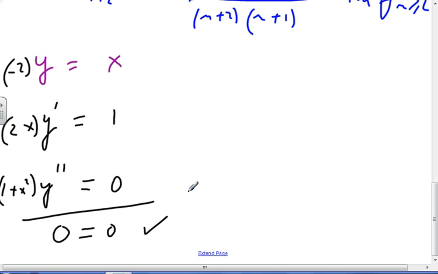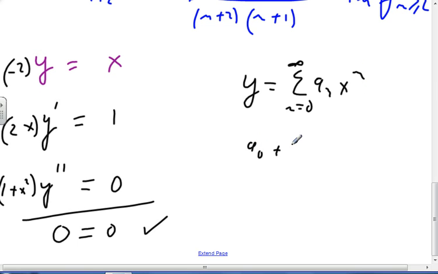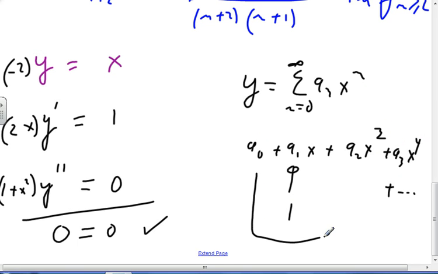My work checks. How did you get x then? Well, I said y is summation n equals 0 to infinity a n x to the n, right? So that's a0 plus a1x plus a2x squared plus a3x cubed plus blah blah blah. If this is 1 and everybody else is 0, then y becomes x.